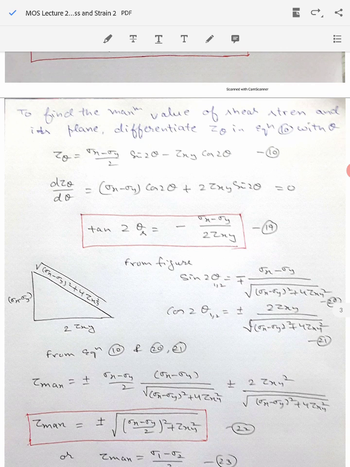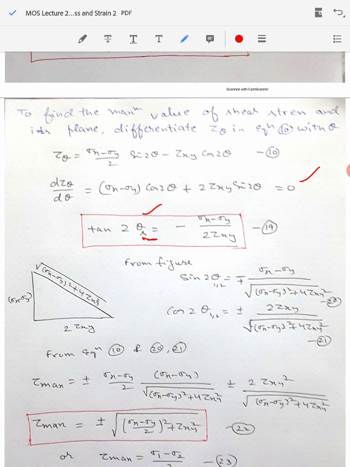If you differentiate it with respect to theta, you will get the expression as shown over here, and from this you can find the value of tangent of 2 theta, which I have put with a subscript for the plane where the shear stresses are maximum. This will be given by minus sigma x minus sigma y divided by twice tau xy.